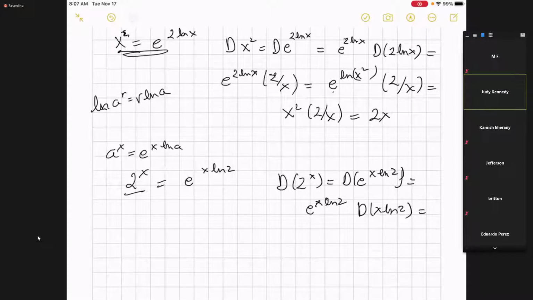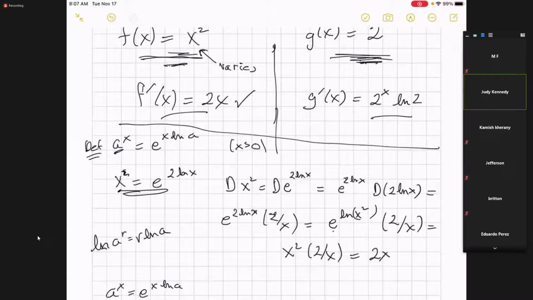And the derivative of x ln of 2, well, ln of 2 is a constant. X is the variable, so the derivative of x is 1. Just left with ln of 2. And e to the x ln of 2, I can replace that with 2 to the x. So that's why these derivatives work this way.